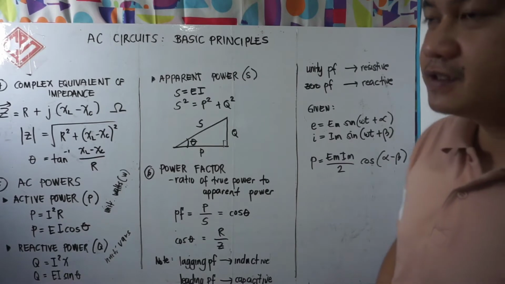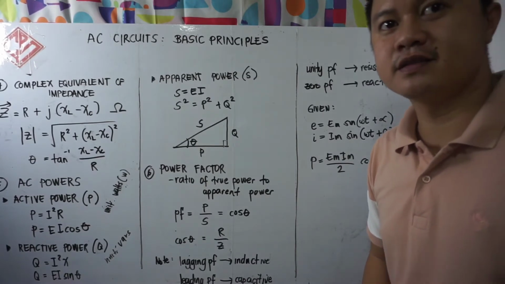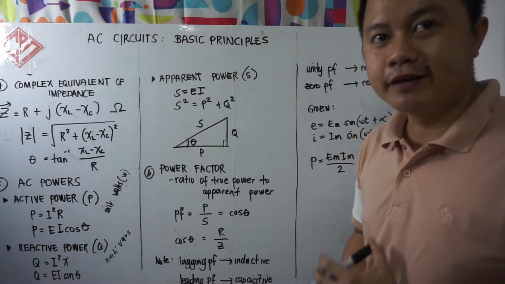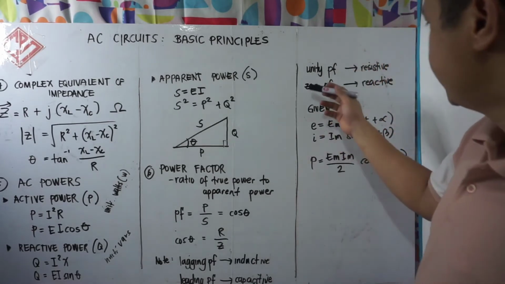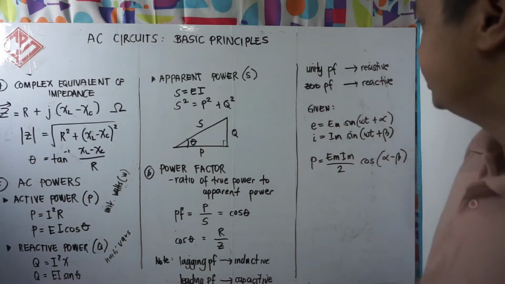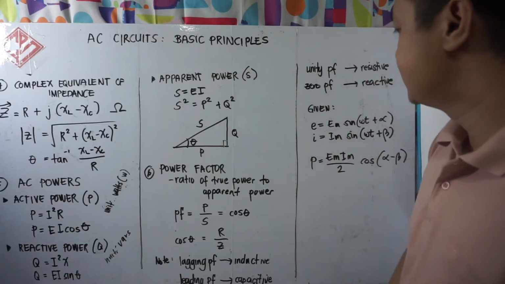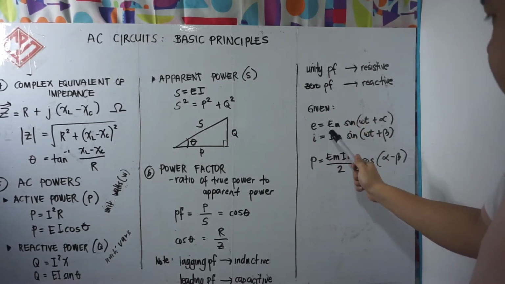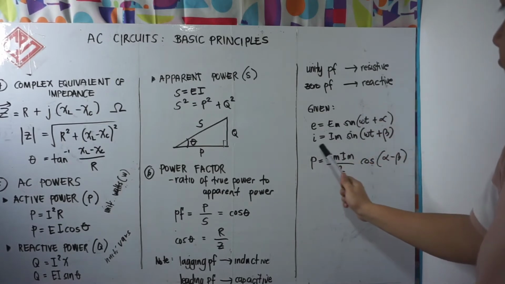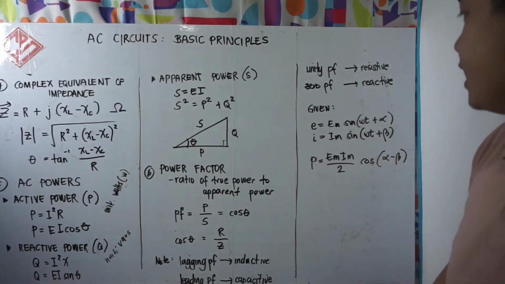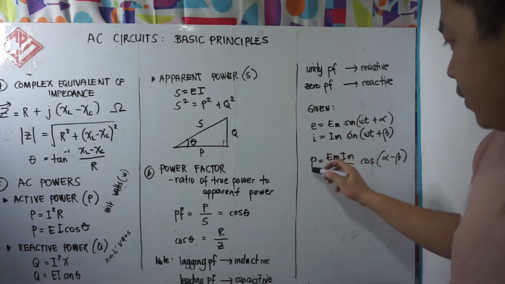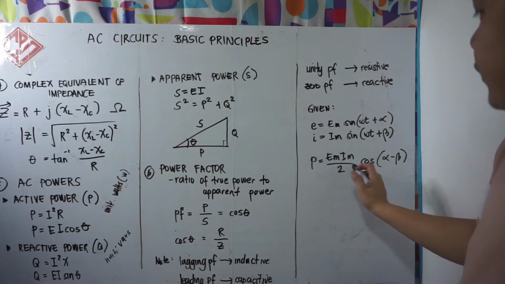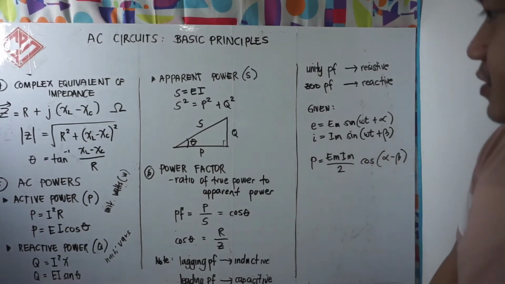When we say in phase, there is no phase difference between the waveform of the current and the voltage. For zero power factor, that is a reactive load, so there will be no resistance. Let's say, for example, you're given E equals Em sine (omega t plus alpha) and I equals Im sine (omega t plus beta). The power of this system will be equal to Em Im over 2 cosine (alpha minus beta).